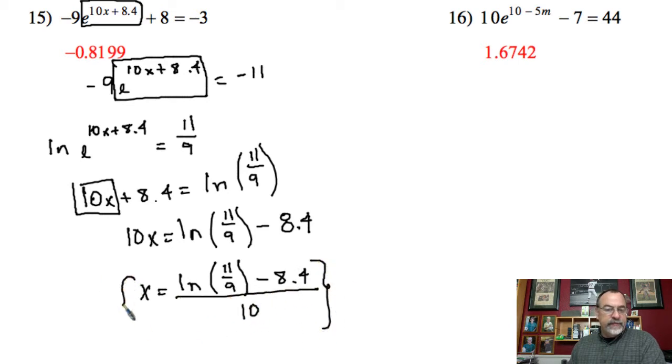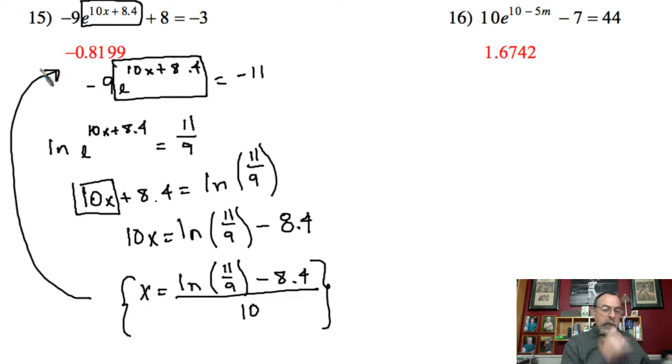This is my exact answer, and this should be the decimal approximation. So we'll go ahead and check that out. So natural log of 11 divided by 9, enter, minus, I'll take that 8.4, enter, and then we're going to divide that by 10, so it's negative 0.8199, and that is correct.